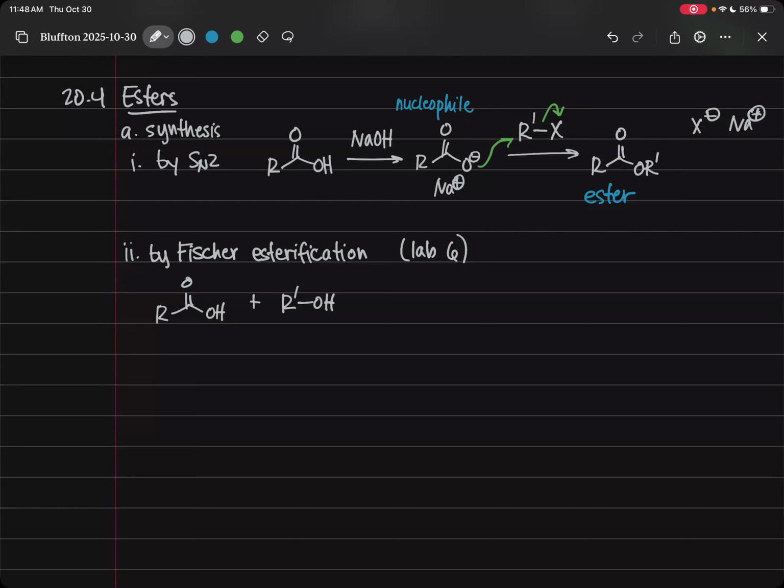We added an alcohol. What was our alcohol? Methanol. It's an equilibrium process, and as our catalyst we used sulfuric acid, but the important part of the sulfuric acid here is the H+. And from that, we got an ester that smelled like wintergreen, oil of wintergreen, and as a side product, some water.